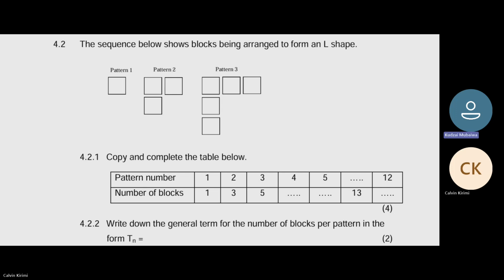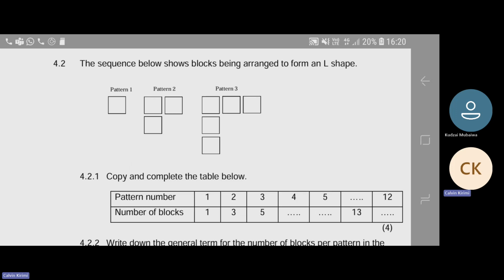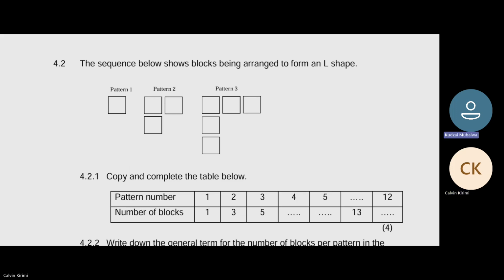Yes, sir, I'm done. All right, so what is pattern number 4? Pattern number 4 is how many blocks? 7 blocks.